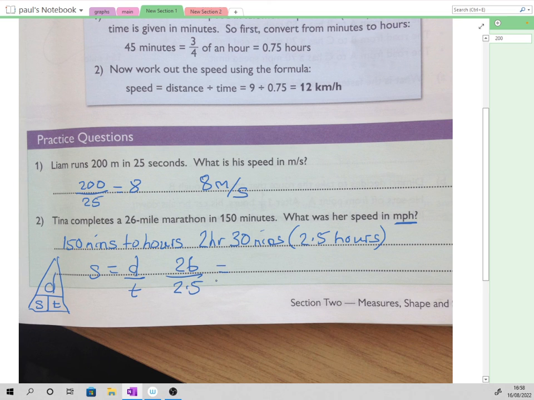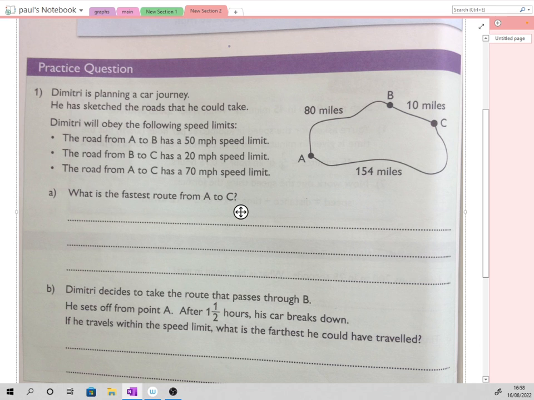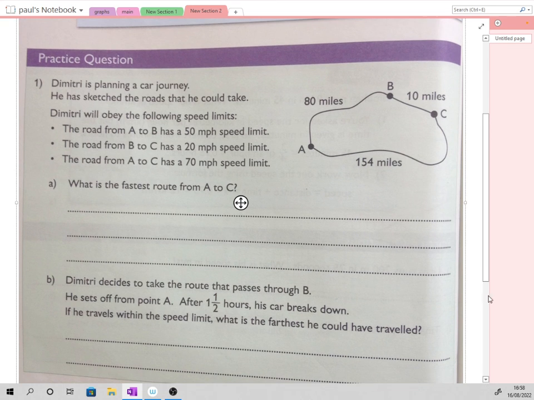So what's your speed now? 26 divided by 2.5 is 10.4 miles per hour. That's pretty good going for running. Right, got another one. Don't forget you pause these, as I always say. Pause them and have a go, and then see whether we get the same thing.